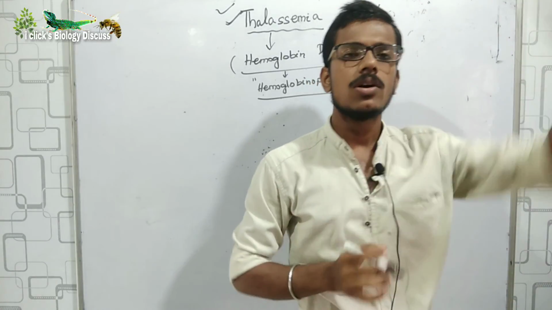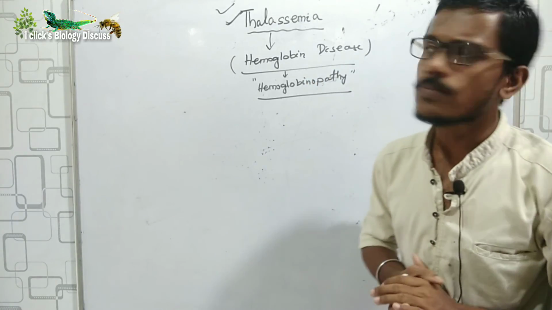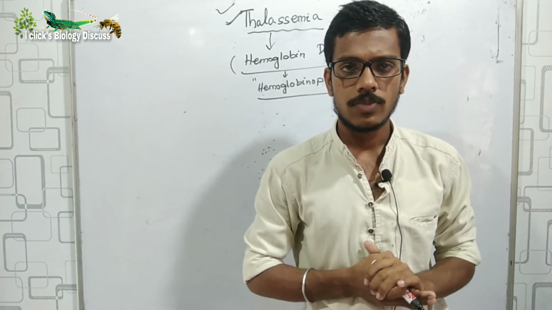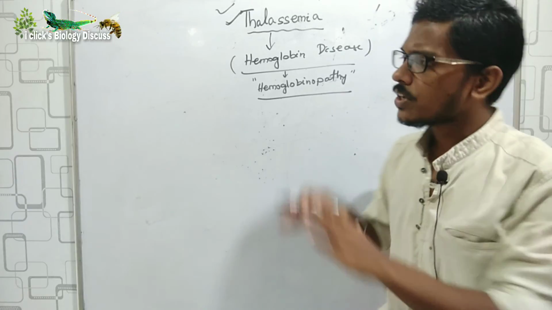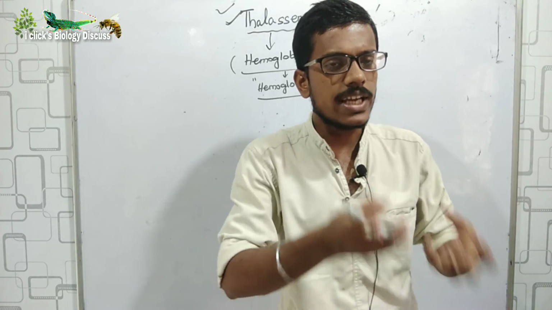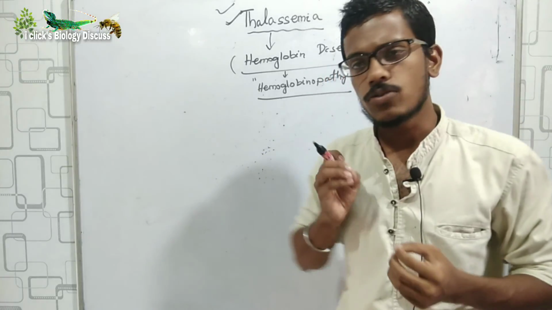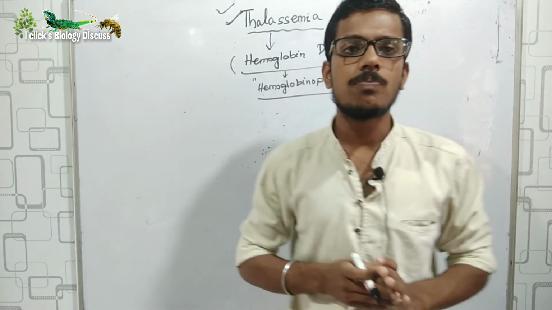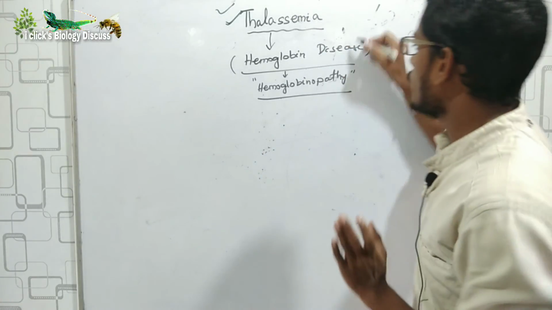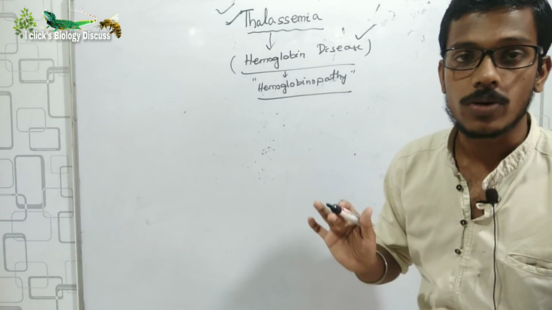Before that, what is the function or role of hemoglobin? Hemoglobin is present in the red blood cell. As you know, hemoglobin carries oxygen from the lungs and supplies it to every body part.